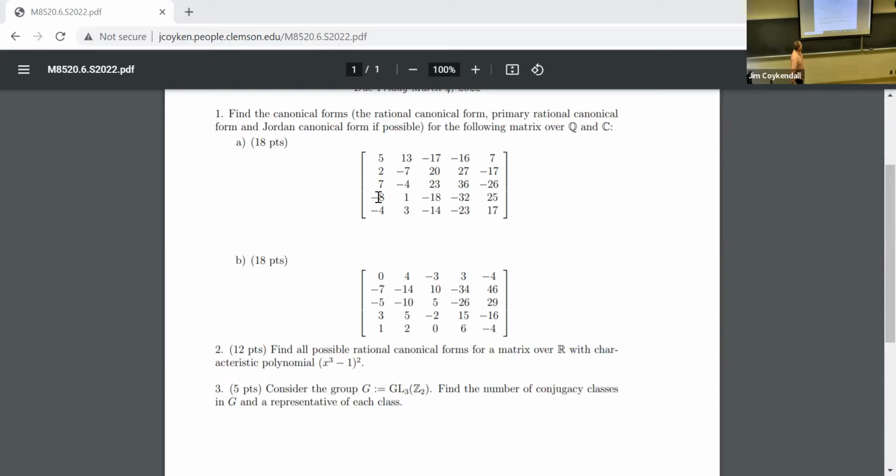Number 2, find all possible rational canonical forms for a matrix over R. The real part is a little bit important there. With characteristic polynomial, x cubed minus 1 quantity squared. So what do you know about the size of the matrix?